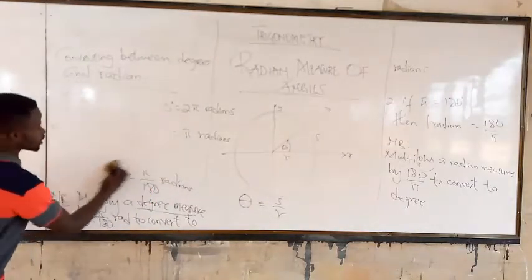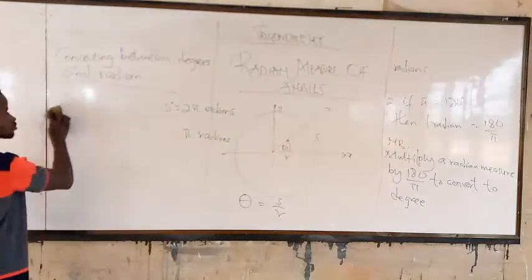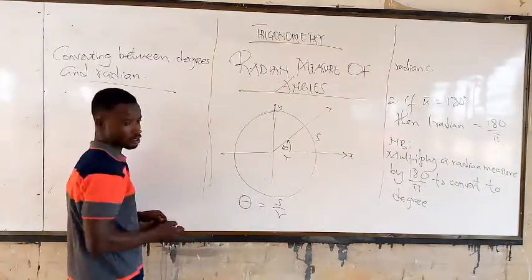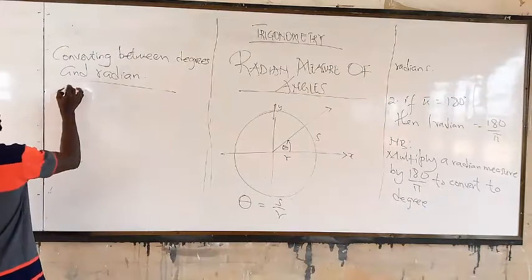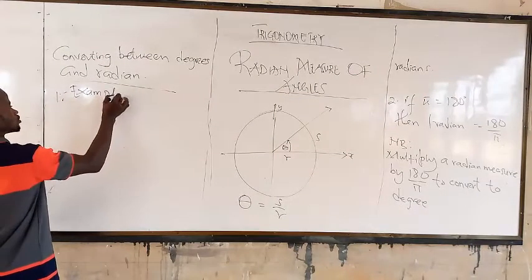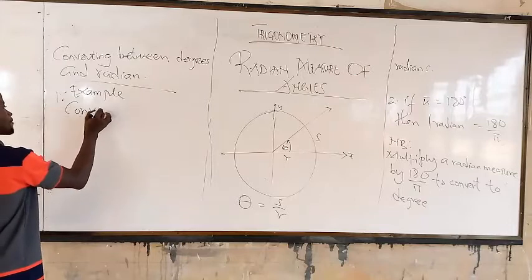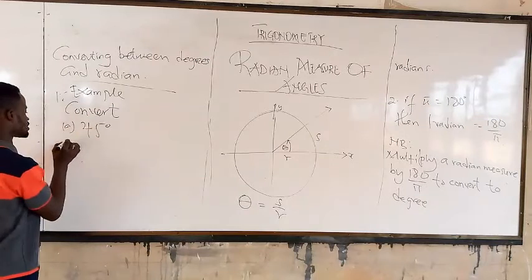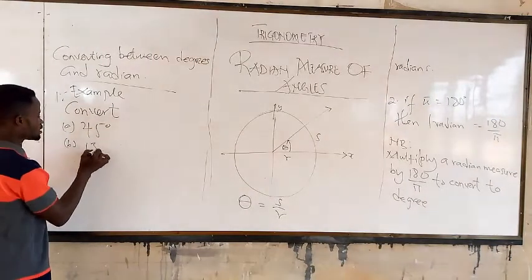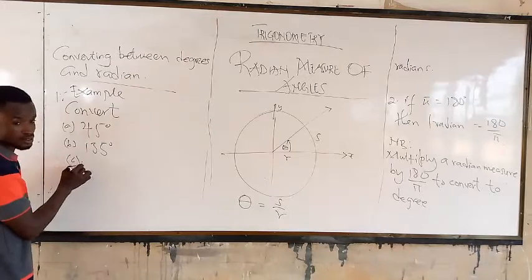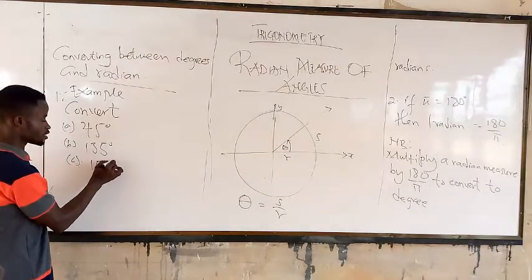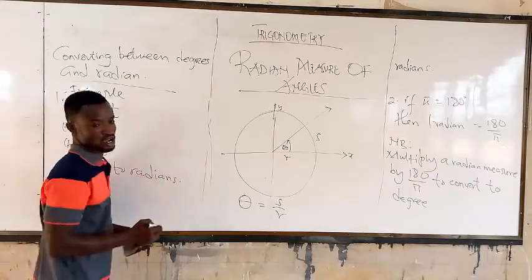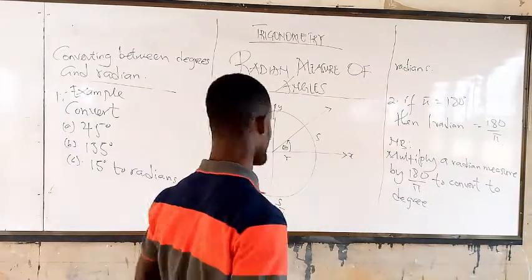Looking at our first example: convert A, 45 degrees, B, 135 degrees, C, 15 degrees, to radians. Straightforward.